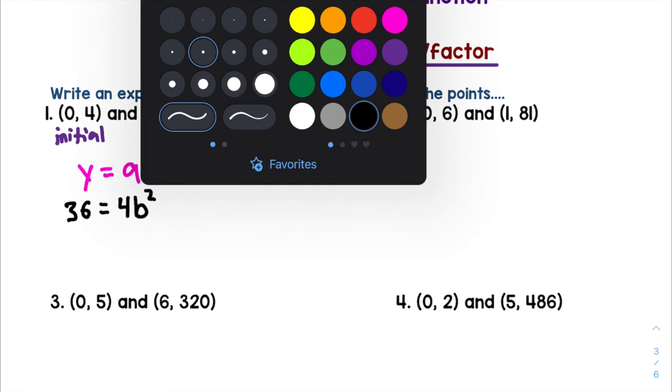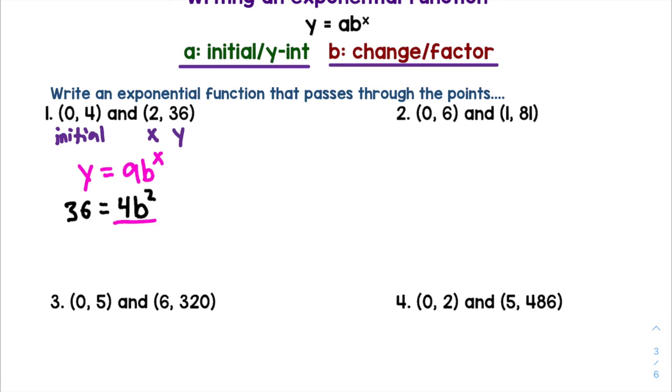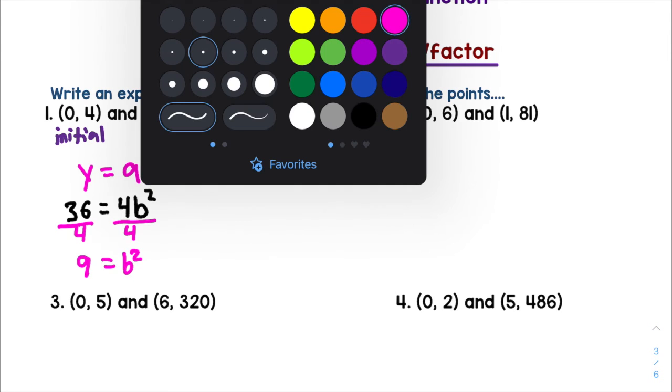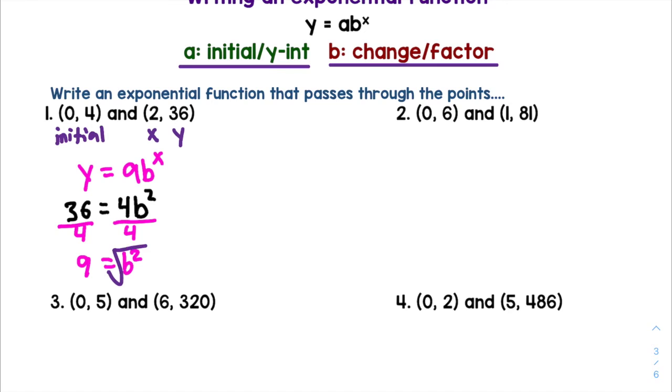We're going to start by solving for b by dividing by 4 on both sides, leaving us with 9 equals b squared. Further solving for b, we'll square root both sides, leaving us with b equals 3.